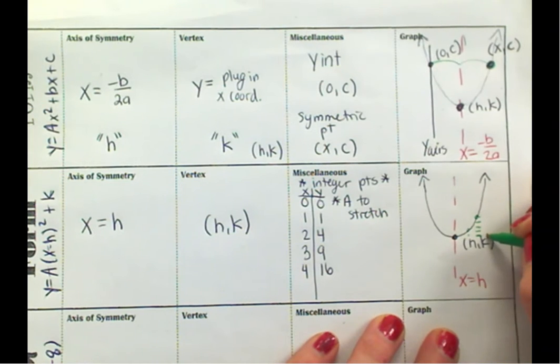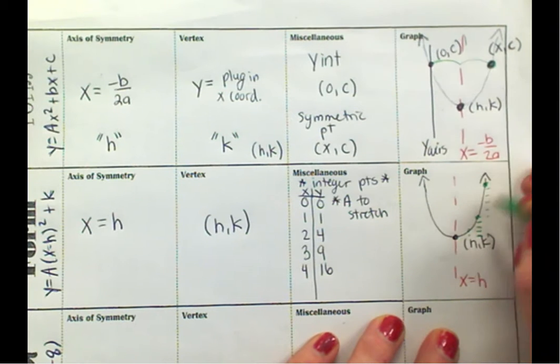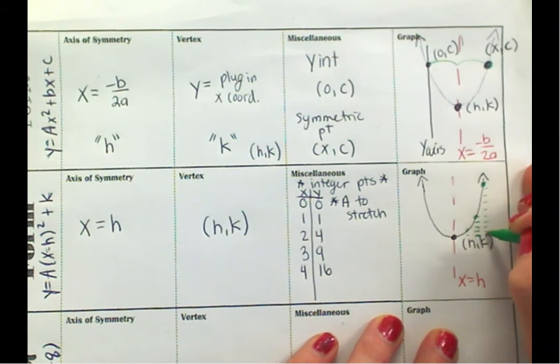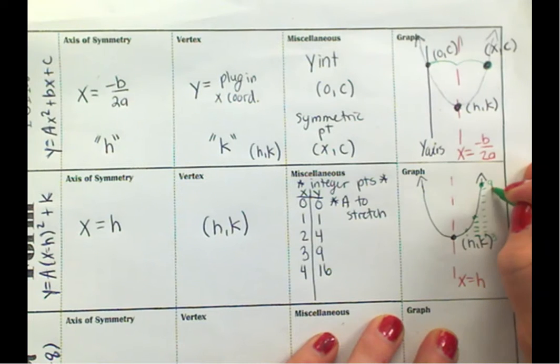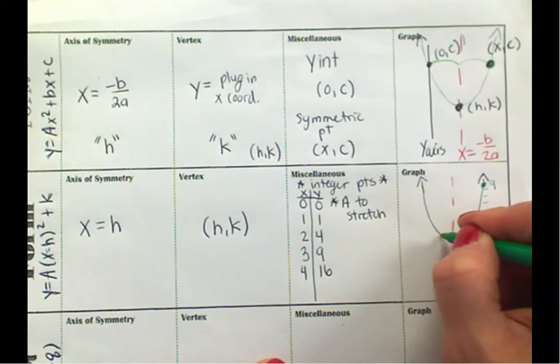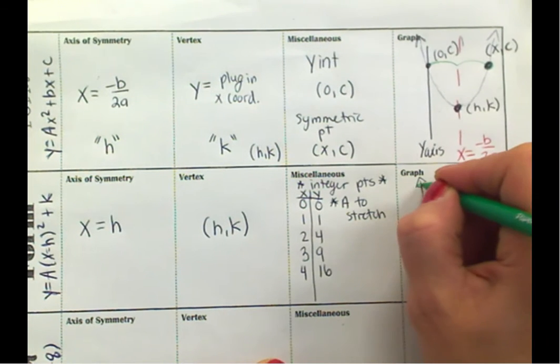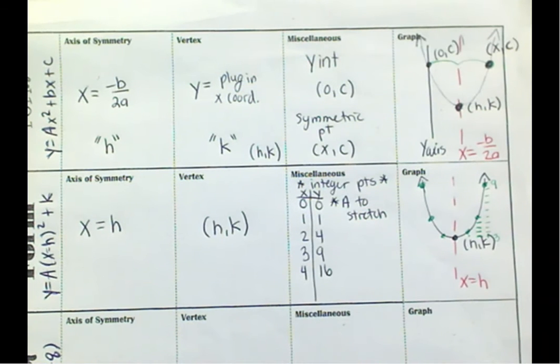Okay, over 3, up 9. So 3, 9. I count over 3 and I go up 9. That's how you use the points. I'm just drawing little tick marks there because it's not on a grid. You have to be able to use those values to get your points.